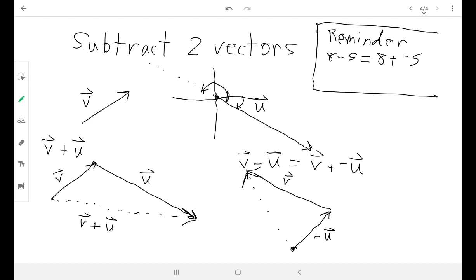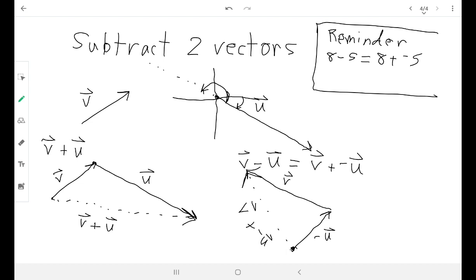And so this is still V plus negative U, or V minus U. Okay? And then you do the same thing. You'd have to measure it with a protractor and a ruler. Okay, so that is how you add and subtract them.